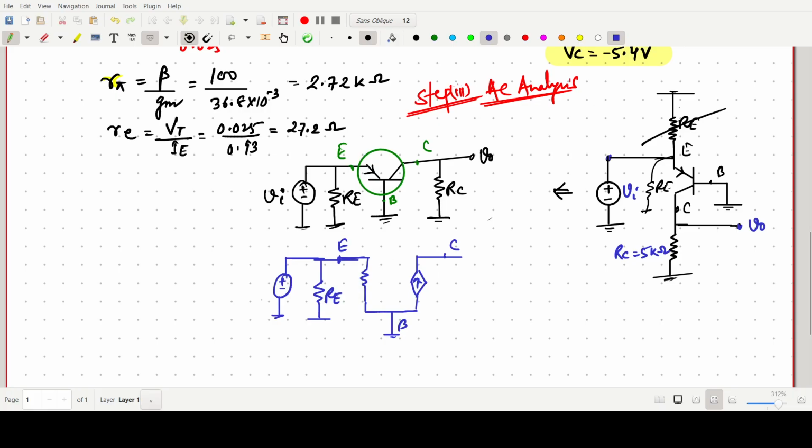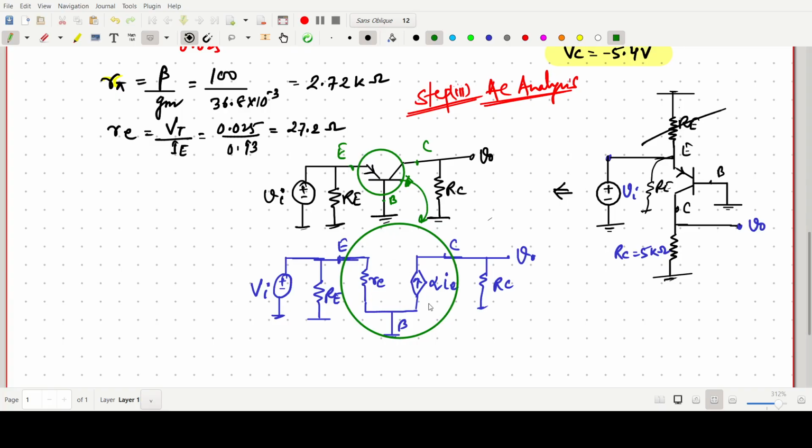Plus minus VI, and this will be our simply RE. And this should be alpha times IE. And through this collector, this resistance will be there. So basically, instead of the BJT, we have made this.